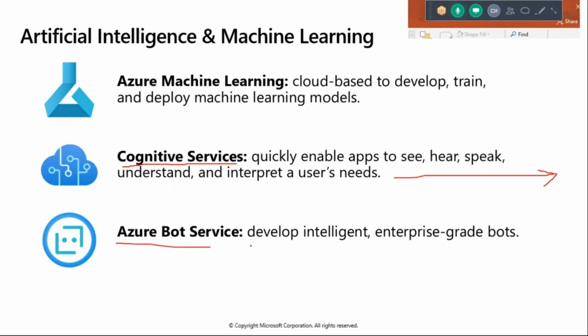Next one is Azure Bot Service. If you go for this one, you don't need to focus on writing the bot framework from scratch. Today Microsoft helps you develop a bot by just giving it some knowledge, and the development of the framework, management of the framework, and all of this Microsoft is providing for you.